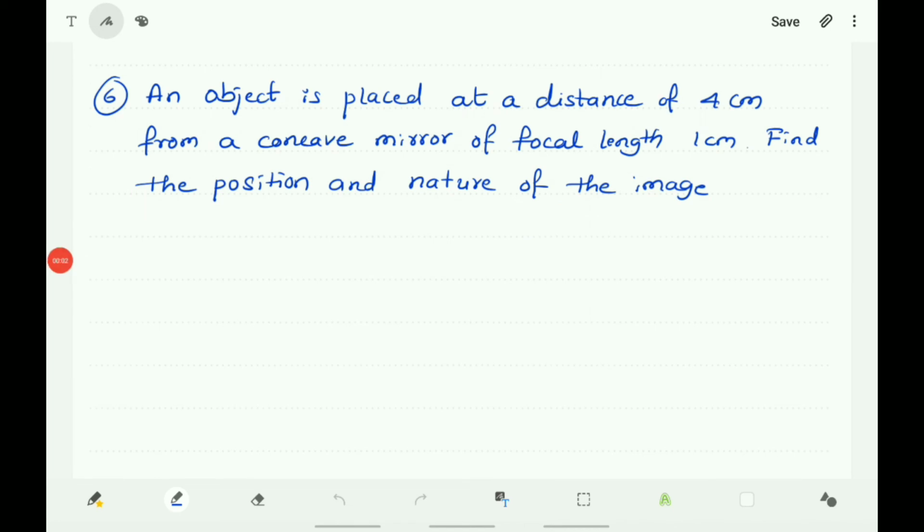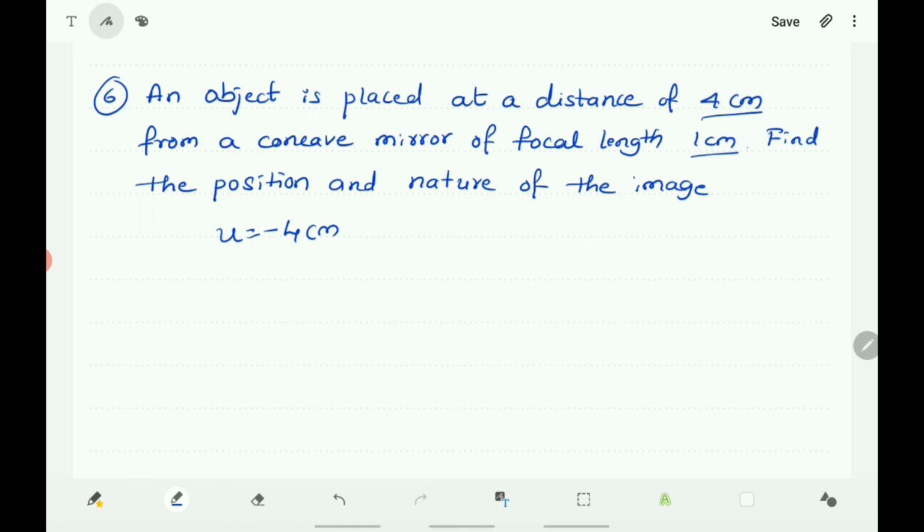Now you come to the sixth question. An object is placed at a distance of 4 cm from a concave mirror of focal length 1 cm. Find the position and nature of the image. Here the object distance u is equals to minus 4 cm, and the focal length is 1 centimeter.